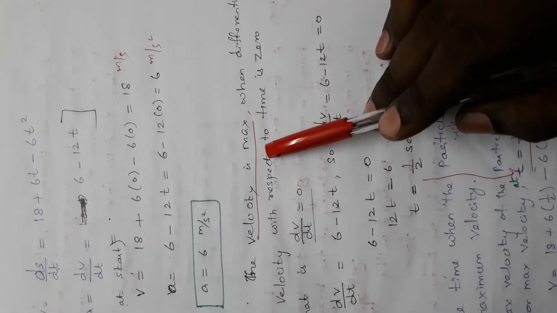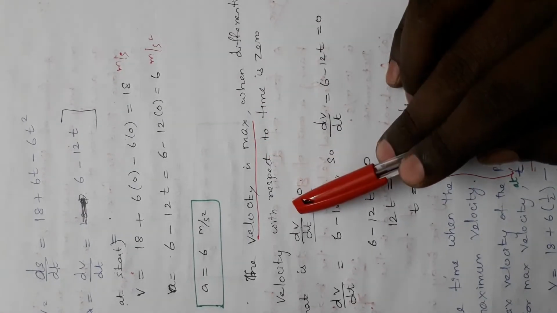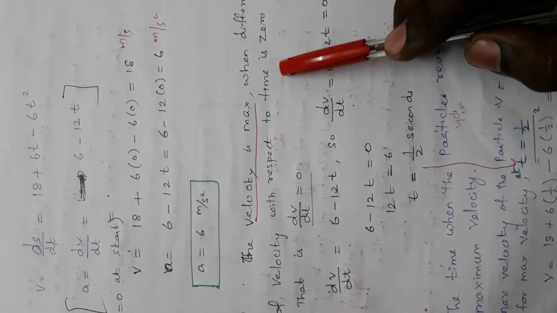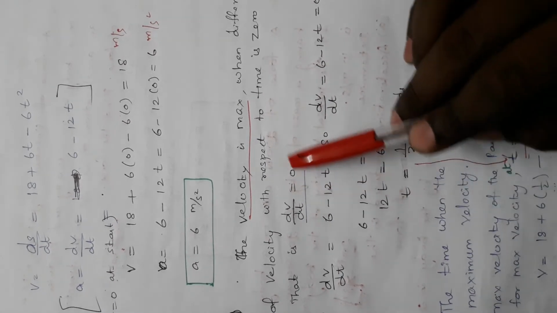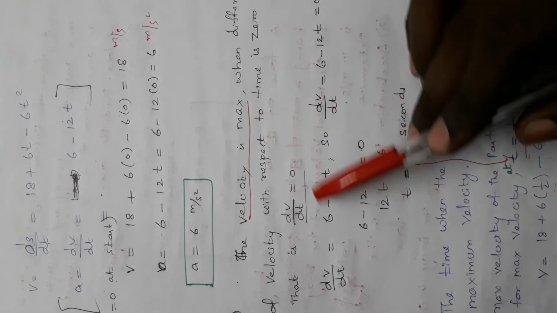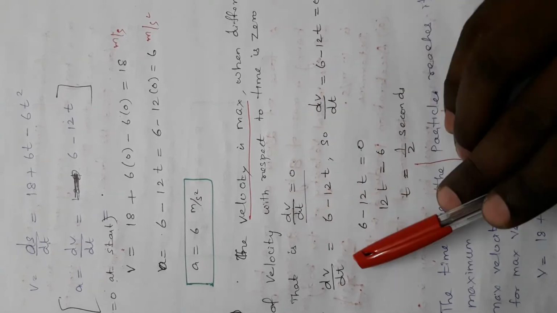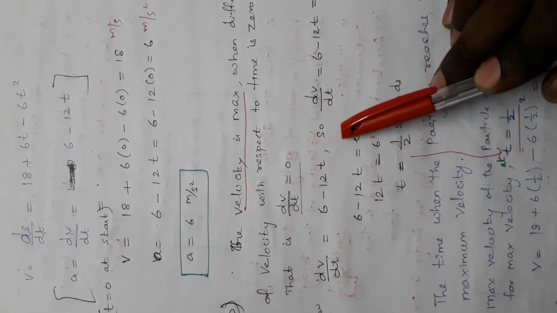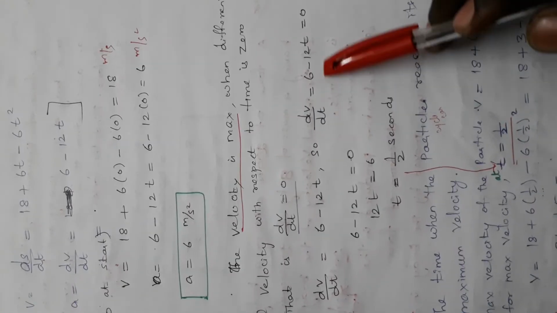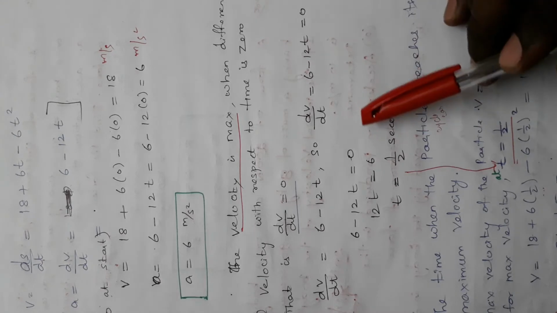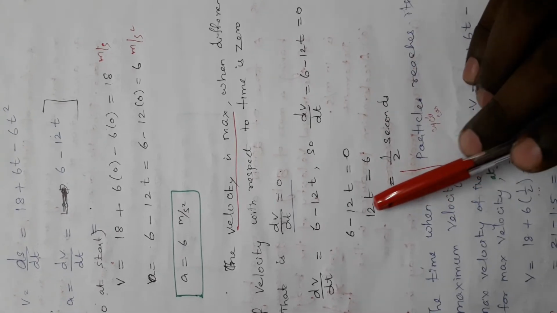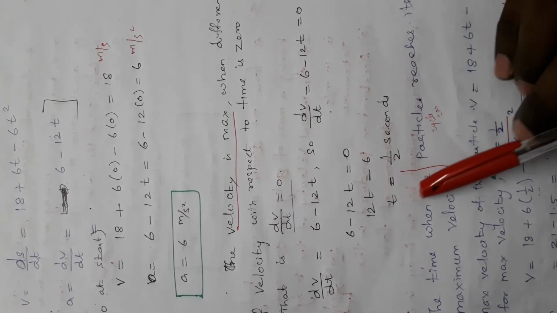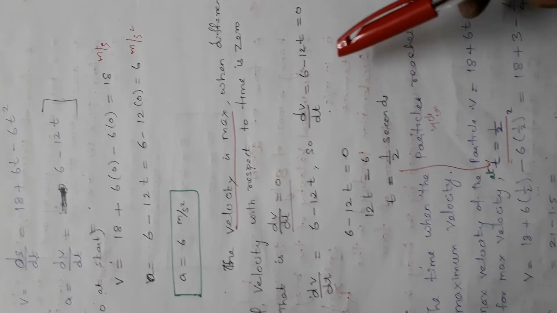The velocity is maximum when the differentiation of velocity with respect to time is 0. Now we are differentiating to get the acceleration. a = dv/dt = 6 − 12t. So dv/dt = 6 − 12t = 0. Now we get t = half second.